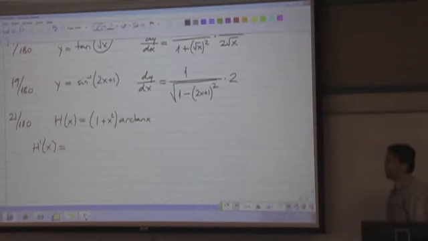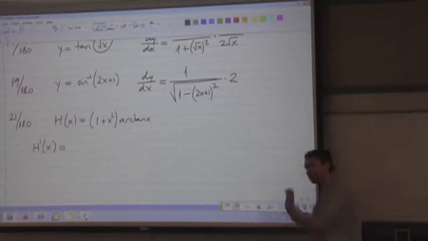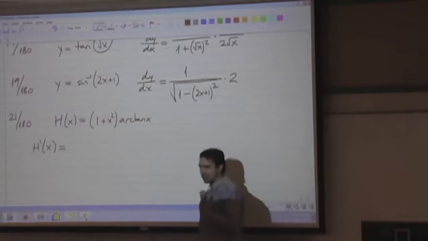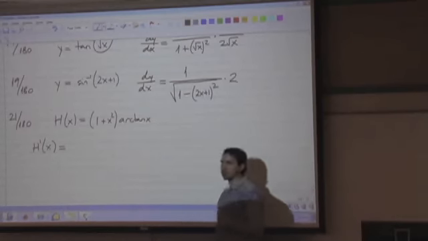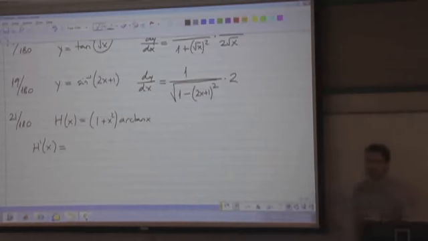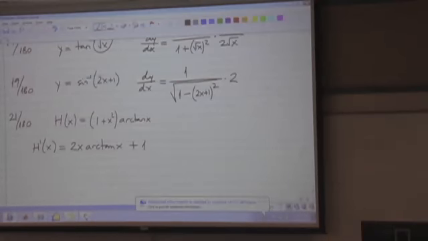Nope. Again, product rule. Derivative of the first times the second plus derivative of the second times the first. 2x times arctangent of x plus 1. The derivative of tangent inverse is 1 over 1 plus x squared.